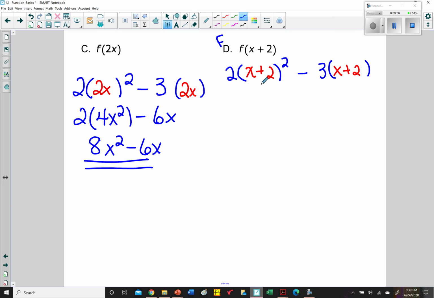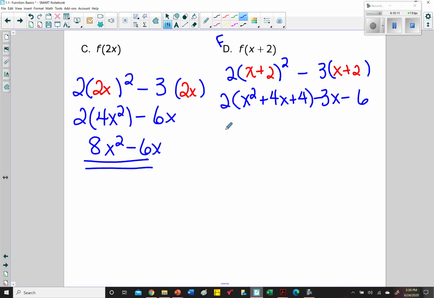In the first set, we want to expand that binomial by squaring it. That's x squared plus 4x plus 4, and then distribute the negative 3x minus 6.